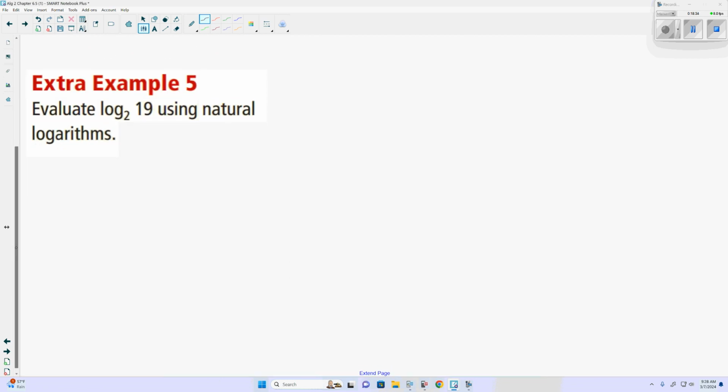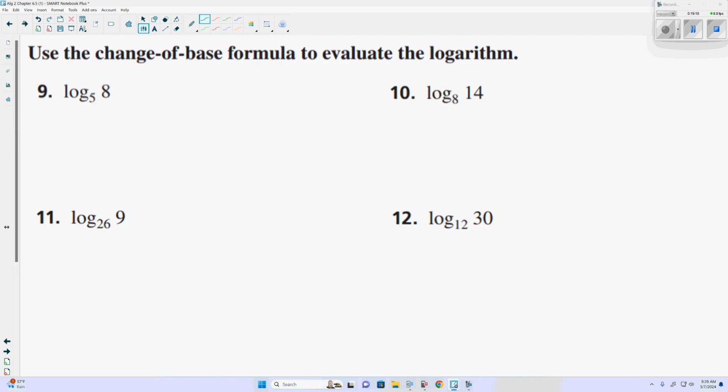Last one would be log of 19 over log of 2, which is ln of 19 over ln of 2. Yep. These are just change of base.